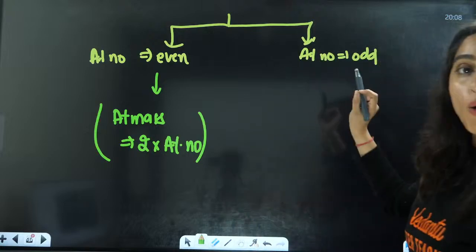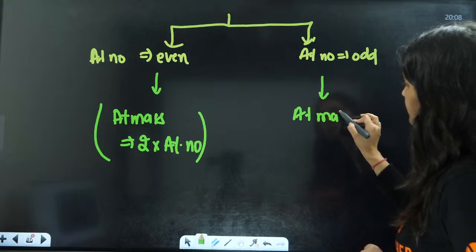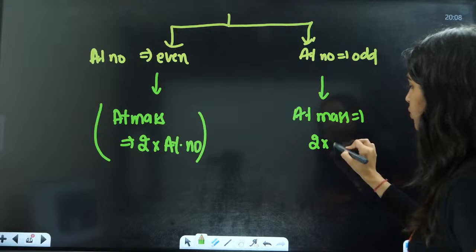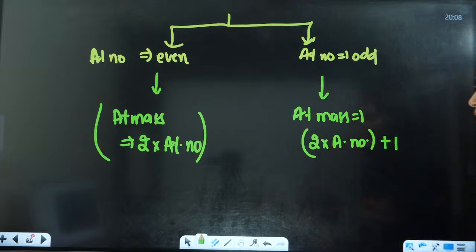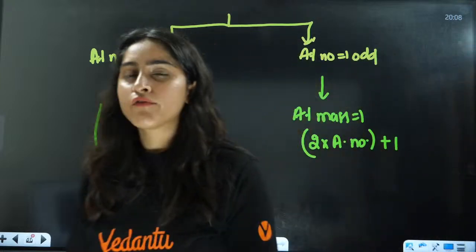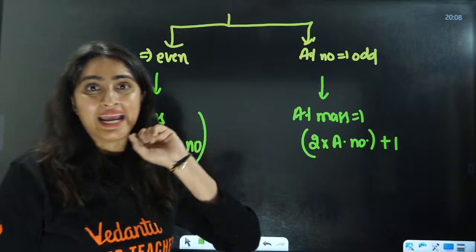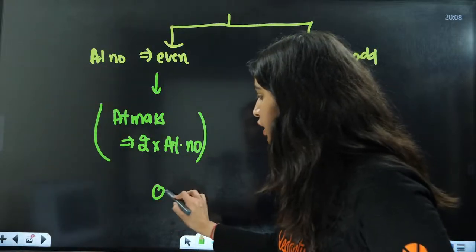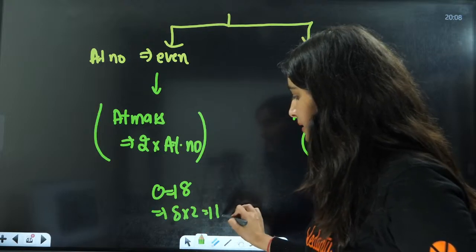Now, if the atomic number is odd, in that case, atomic mass is going to be 2 into atomic number plus 1, right? For example, oxygen has atomic number 8, so the mass will be 8 into 2, that is 16.